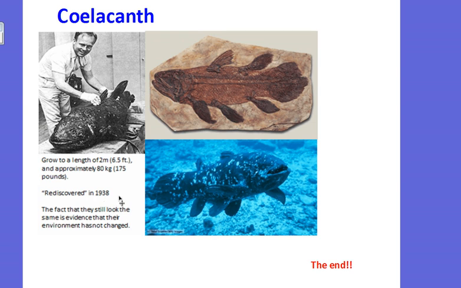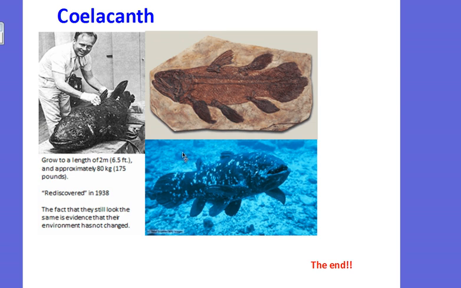And one thing they did realize when they rediscovered it is that this current coelacanth looks very similar, almost identical, to the fossil version of the coelacanth. And the fact that they still look alike gives scientists some evidence that their environment has not changed very much over time.